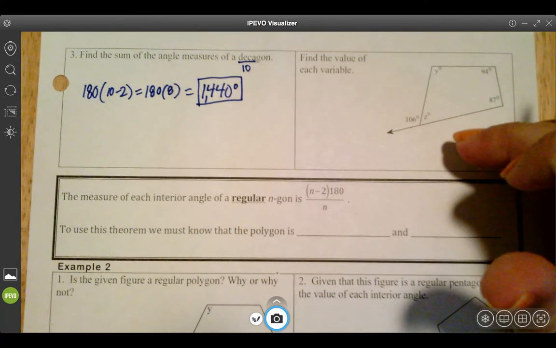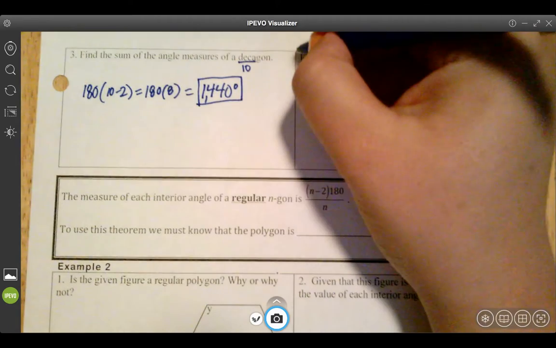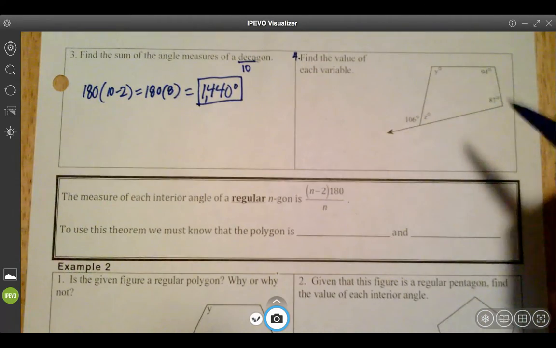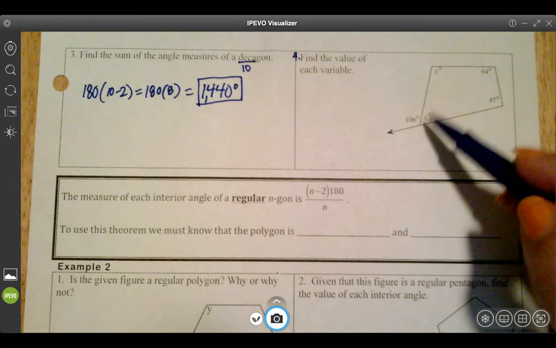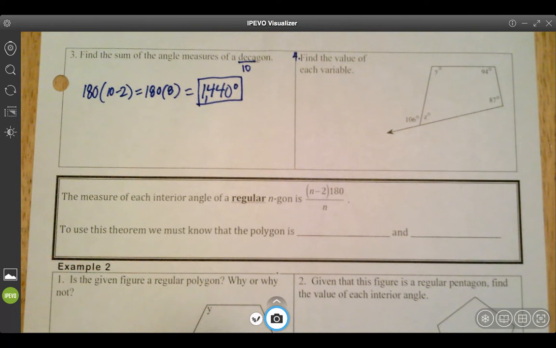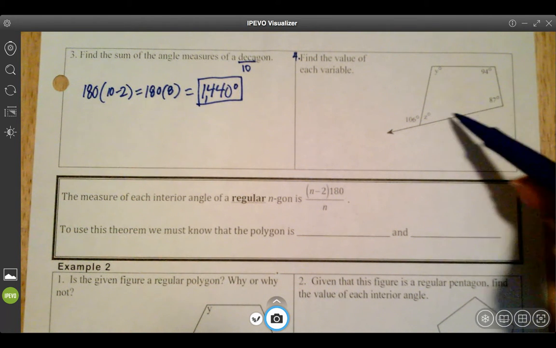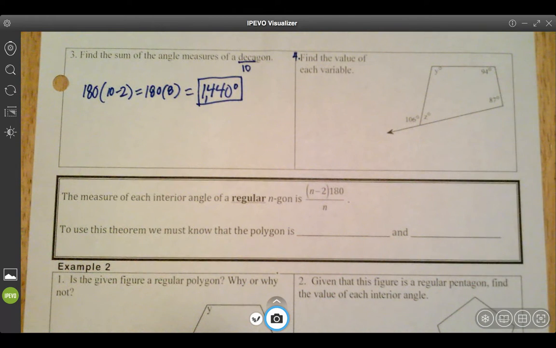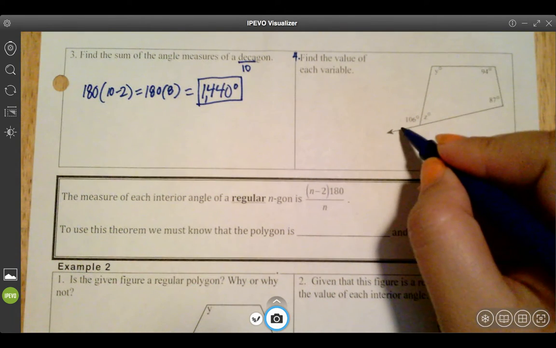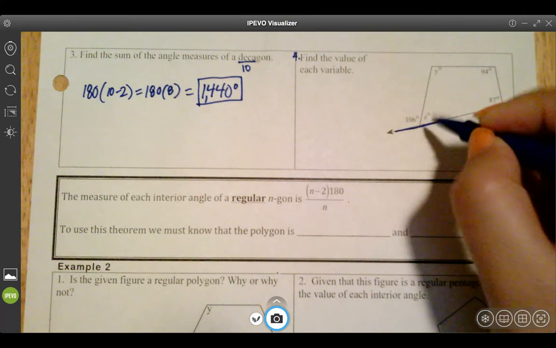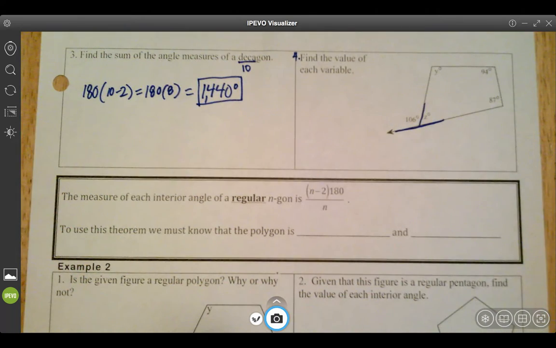Okay, and our last one, number 4, we could call it find the value of each variable. So now we have 2 variables, we have y and z. So we can't use adding up all these angles because there are 2 things we don't know. However, we can still use everything we learned in the previous chapters, such as that linear pair.